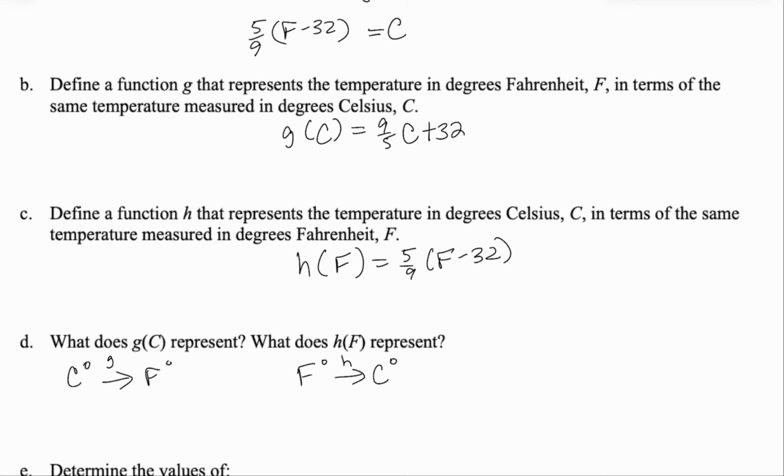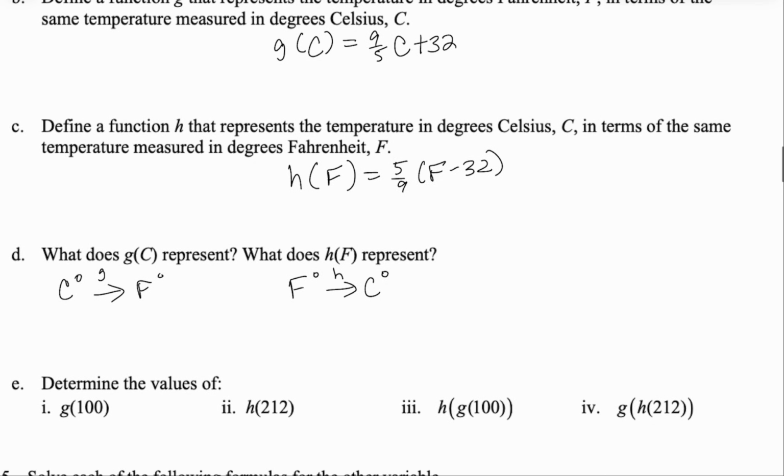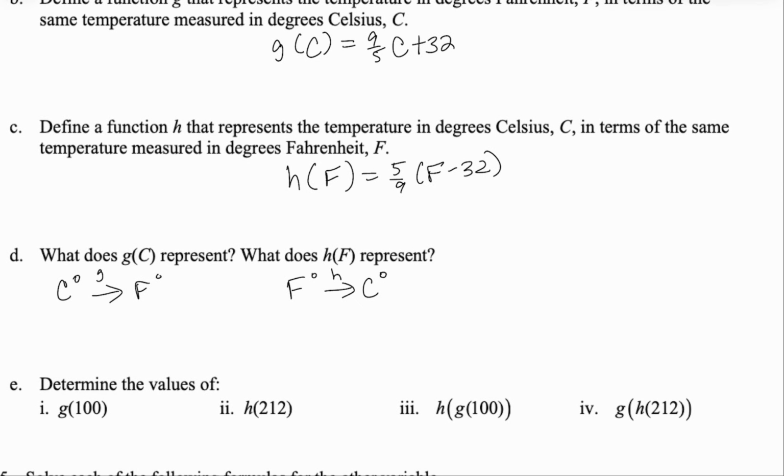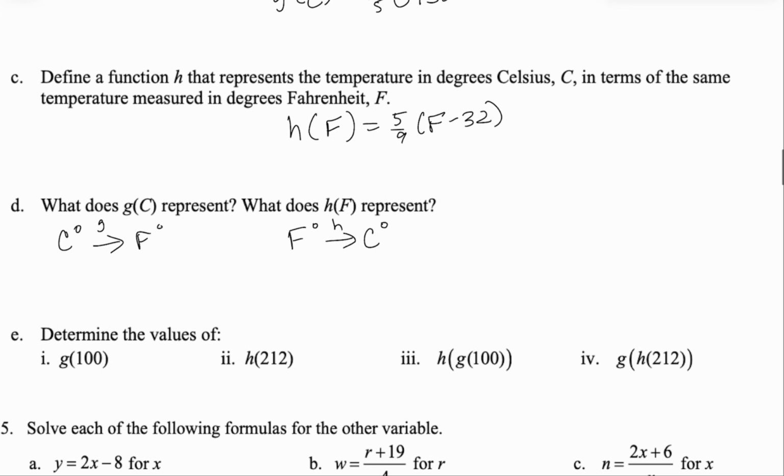Look, for h, our input is Fahrenheit, our output is the degrees Celsius. But g flips them around. So we have two nice little formulas there, and that allows us to solve for 1, 2, 3, and 4. Now, let's start out with 1 and 2.